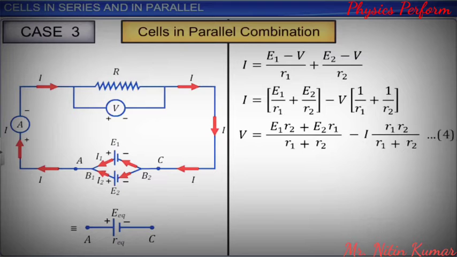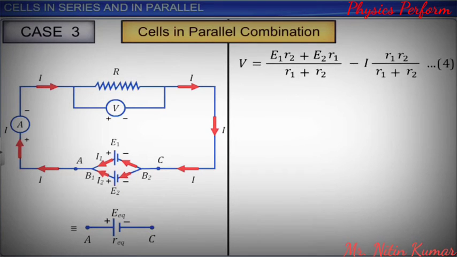We can replace the combination of two cells with one cell of EMF, EEQ, and internal resistance Req. We can now write V is equal to EEQ minus I into Req. Let this be equation 5.